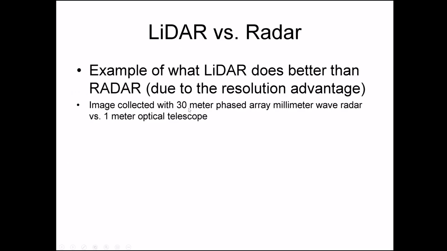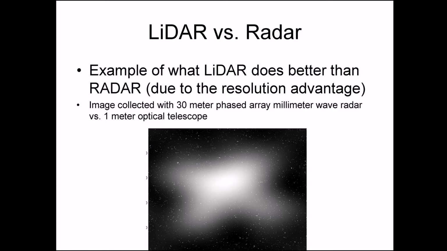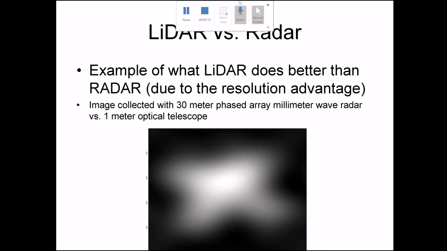So here's an example of what a laser radar or a LiDAR system does better than a radar system, really due to the resolution advantage. In this first image, I'm showing you a simulation of an image of a satellite collected with a 30-meter, pretty large phased array millimeter wave radar system. So this is what the satellite in low Earth orbit would look like to that system.